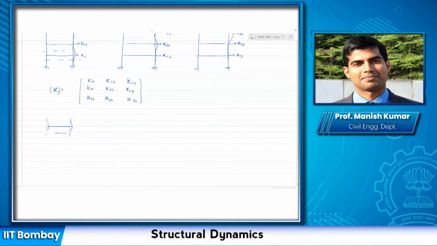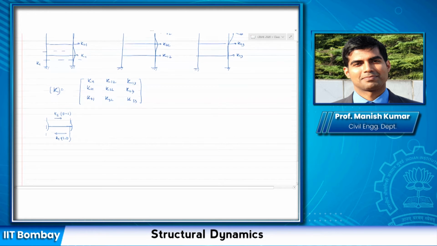From below, I know that this is 1 and the ground is 0. So my force would be equal to, these were being represented as K1, K2, K3. These were the story stiffnesses. So K1 times 1. In this case, it would be equal to K2 times U2 minus U1, which would be 0 minus 1, and that is in this direction.